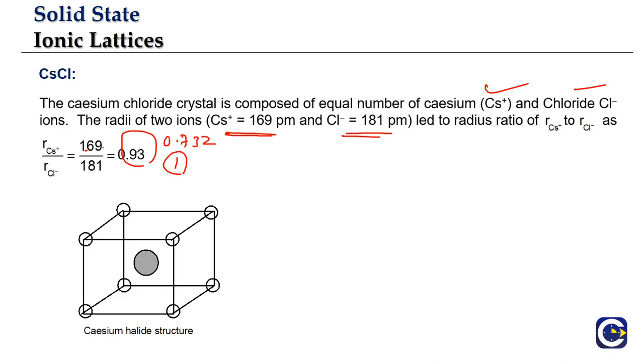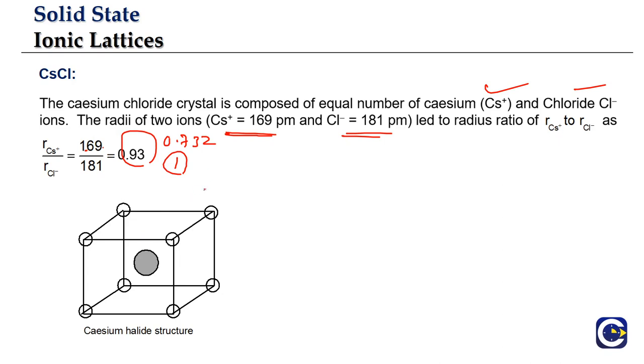So this 0.93 is in between these two values, but it is relatively higher than 0.732. If it is exactly 0.732, we'll have a proper cubic void being occupied by the cation, but it is relatively higher than 0.732. As a result of it, we'll see what is going to happen.